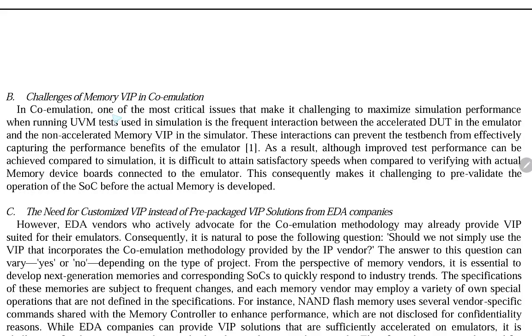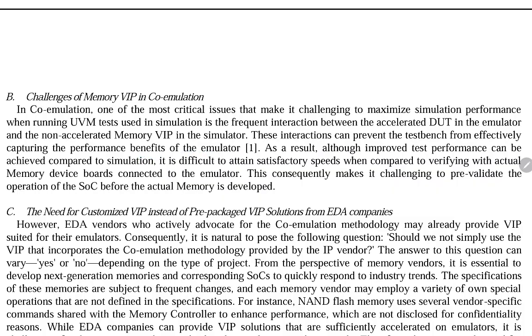In co-emulation, one of the most critical issues that make it challenging to maximize simulation performance when running UVM tests is the frequent interaction between the accelerated DUT in the emulator and the non-accelerated memory VIP in the simulator. This interaction can prevent the test bench from effectively capturing the performance benefit of the emulator.